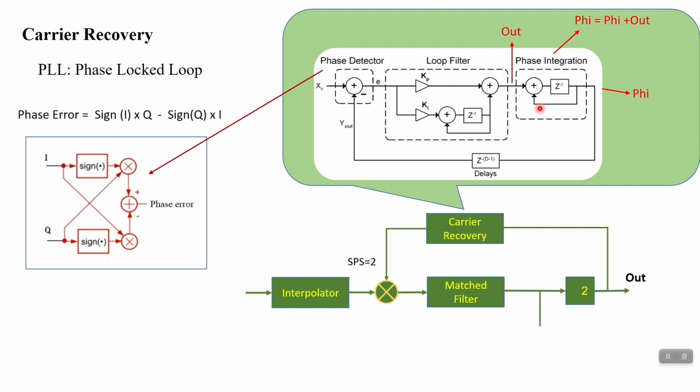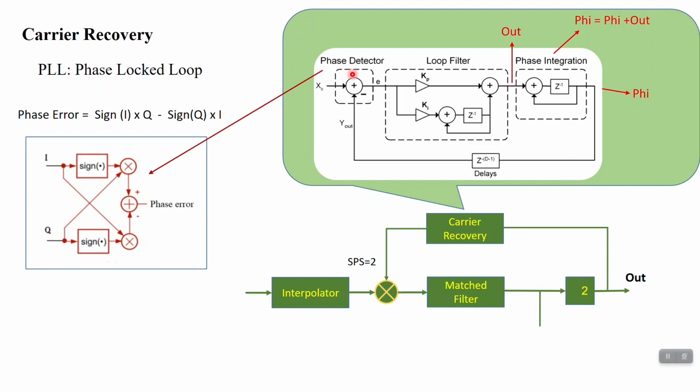For QPSK and offset QPSK modulation, we can simply implement the phase detector by the Costas loop formula. It's a Costas loop structure to calculate the phase error. As you can see here, the sign of the imaginary part multiplied by I, minus the sign of I multiplied by Q. Simply, you can implement the phase error for offset QPSK and QPSK.